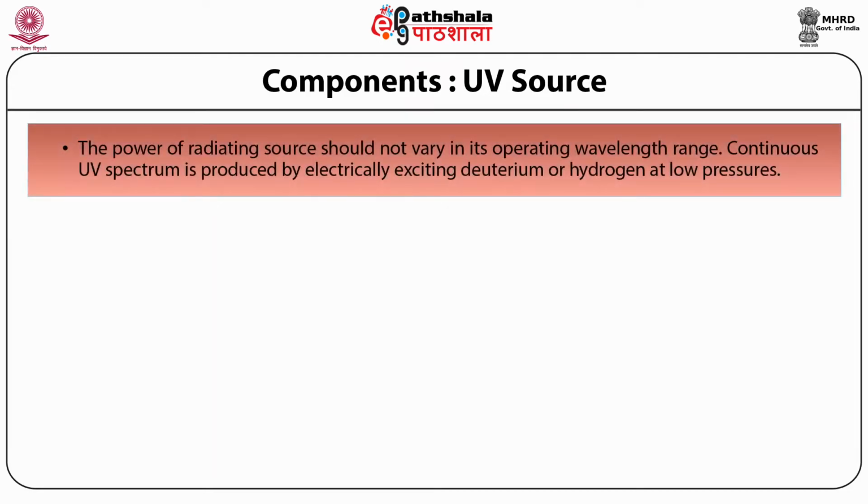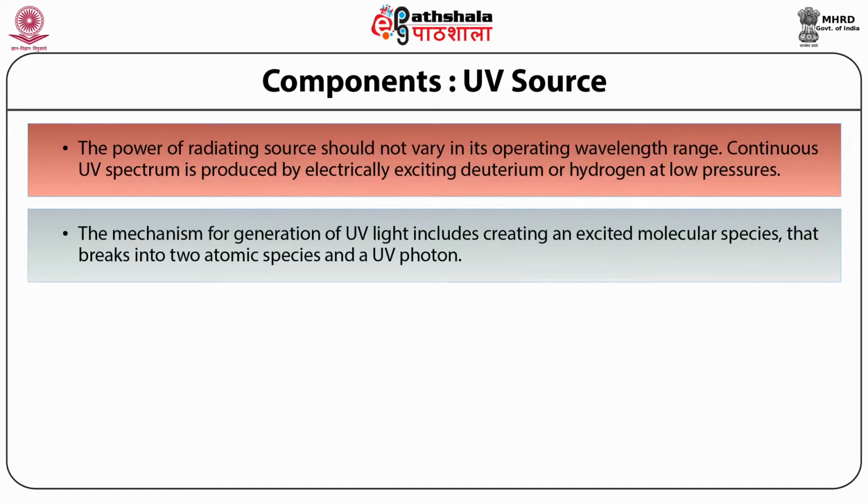The power of the radiating source should not vary in its operating wavelength range. So a continuous UV spectrum is produced by electrically exciting deuterium or hydrogen at low pressures.